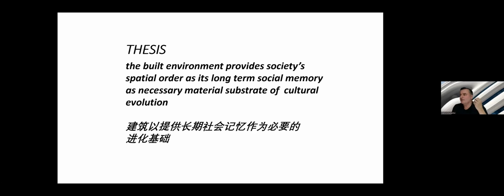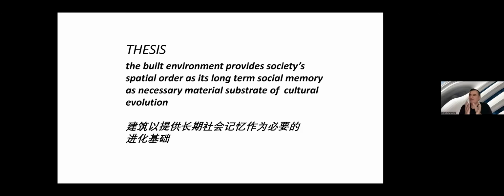And now, stepping away a bit and going into a more profound kind of understanding, this spatial order we are generating here, I call it the long-term social memory, and it's a necessary material substrate of cultural evolution.